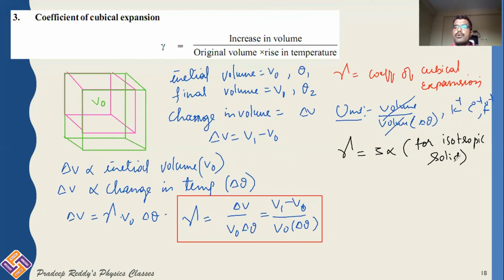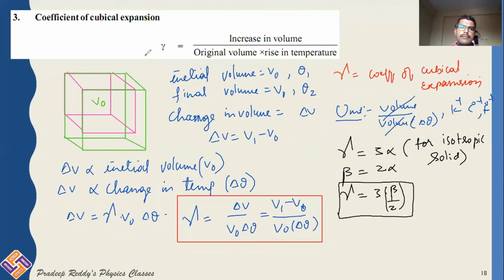It is called an isotropic solid. For an isotropic solid, gamma will be equal to 3 alpha. Beta will be equal to 2 alpha. So you can write down the relation between gamma and beta also. Gamma can be written as 3 times beta divided by 2. This is the relation between beta and gamma, and these are all valid only for isotropic solids. That is about the coefficient of cubical expansion.